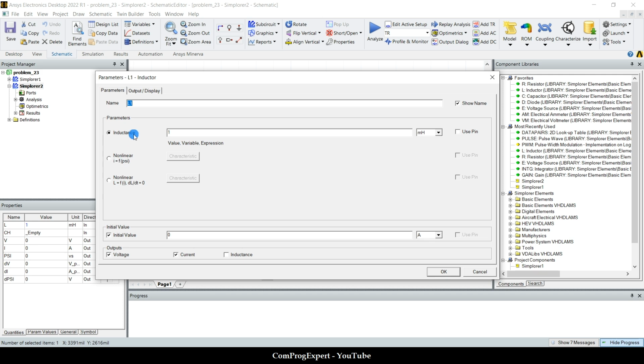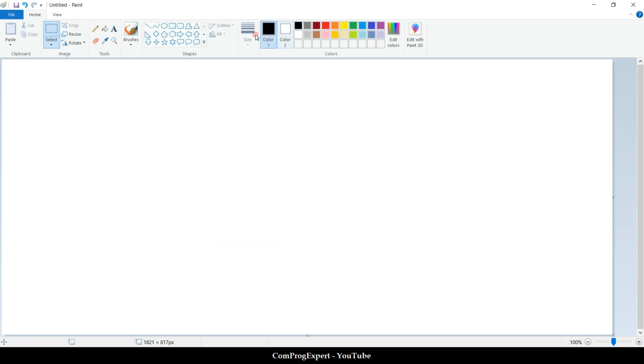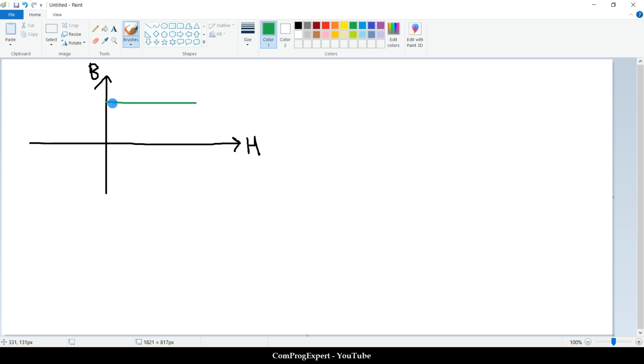Here we have these two cases. We can specify the inductance if we have a constant value for the inductance, the first case, or we can specify the inductance current as a function of its flux linkage. So here is the BH characteristic of the inductor. Here we have H and here we have B. So this is 1.5 Tesla.